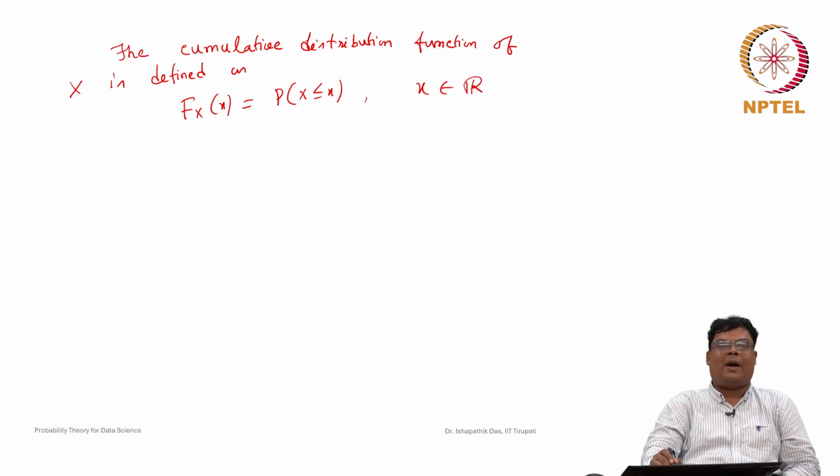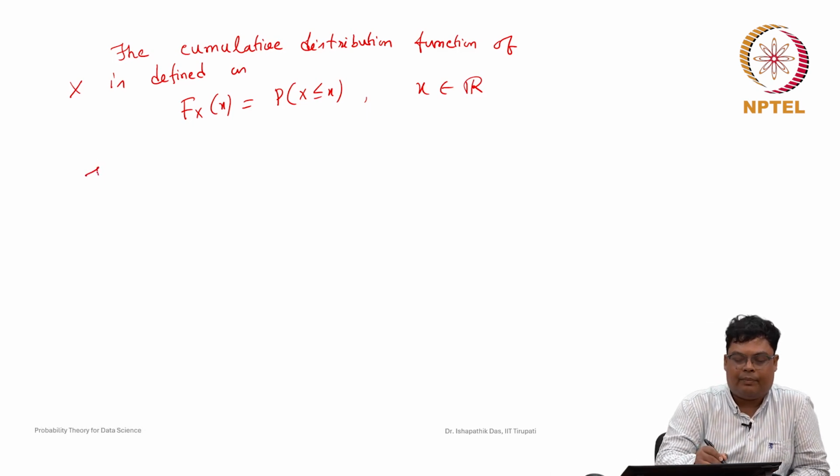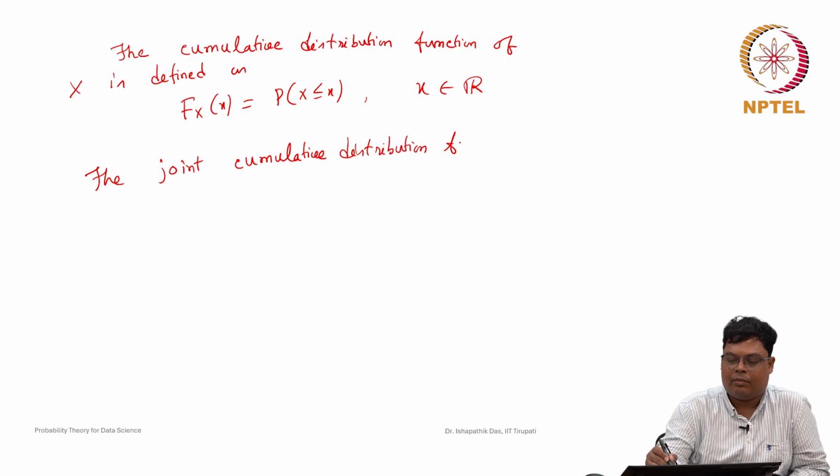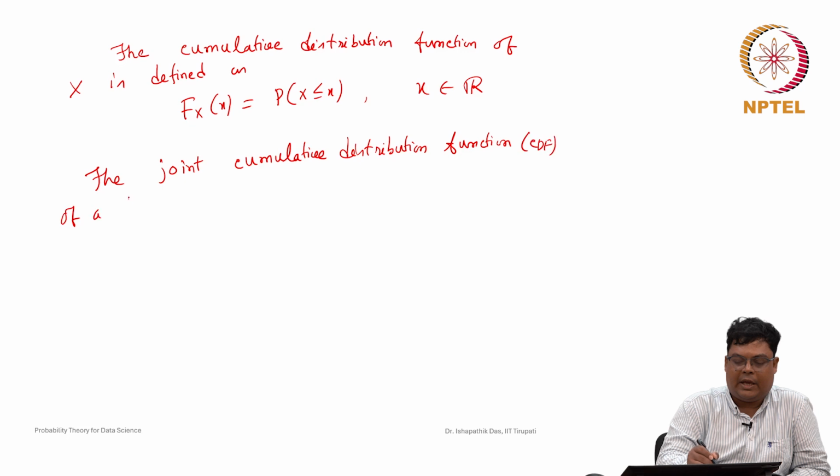Now we have a bivariate random variable. How do we define the joint cumulative distribution function, the joint CDF, of a bivariate random variable?